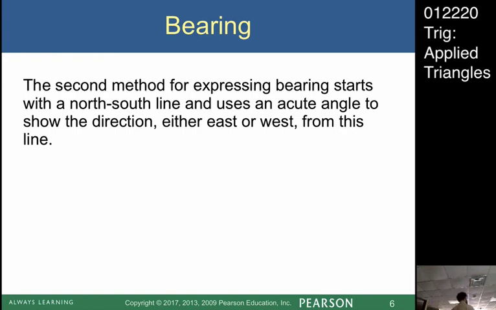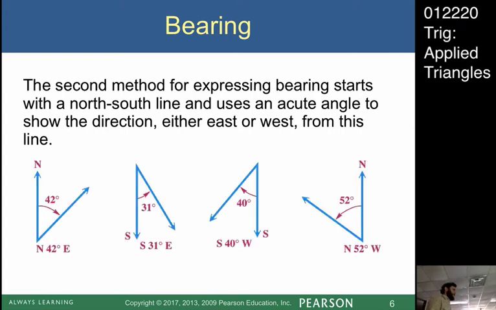The second involves the north, south, east, west directions, and always uses an acute angle. So here's how this goes. If it's in quadrant 1, you use that convention. If it's in quadrant 4, you use that. If it's in quadrant 3, you use that. And if it's in quadrant 2, you use that.